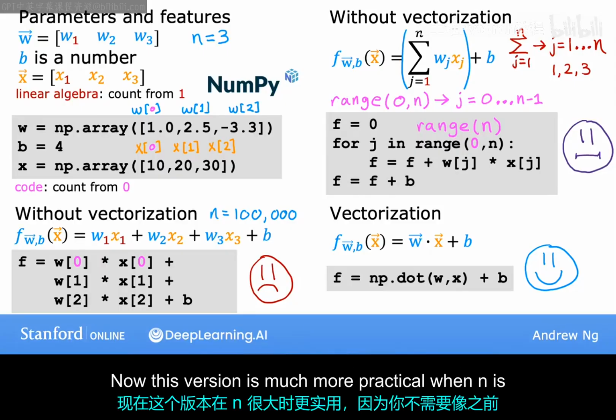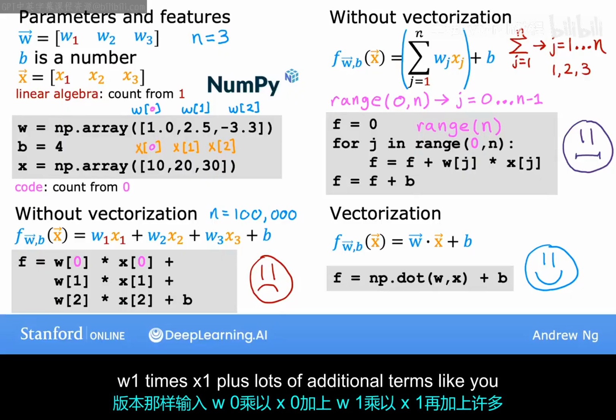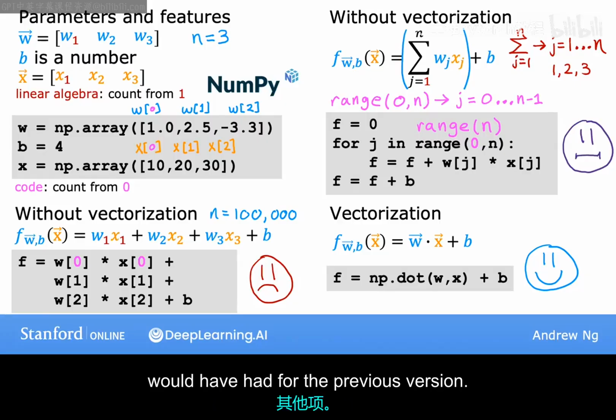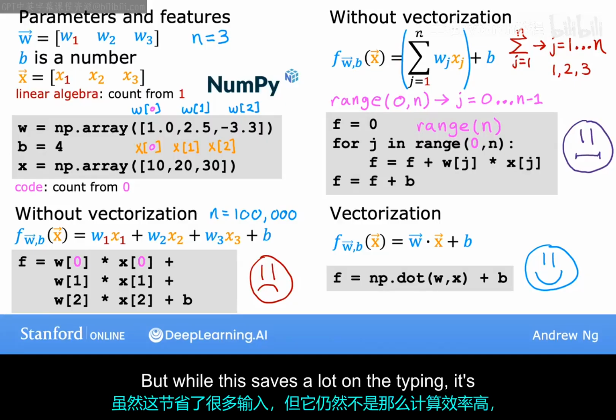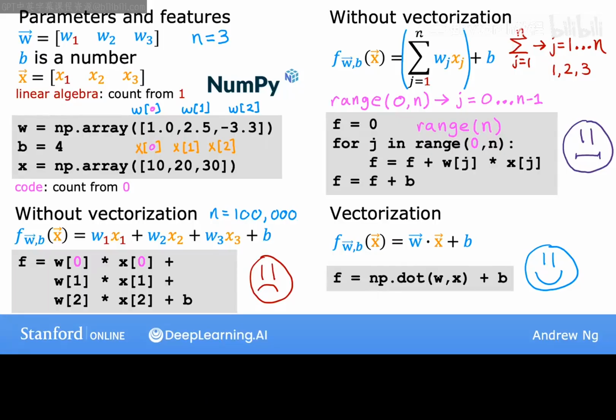Now, the previous version is much more practical when n is large because you are not typing w0 times x0 plus w1 times x1 plus lots of additional terms like you would have had for the earlier version. But while this saves a lot on the typing, it's still not that computationally efficient because it still doesn't use vectorization.